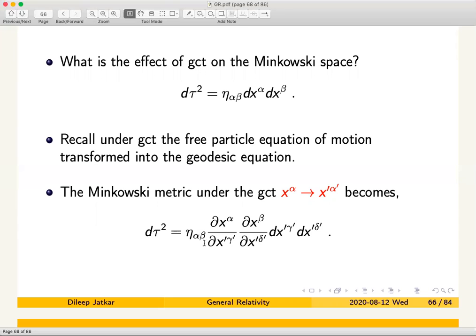If I do that, then it has a form similar to this, except eta alpha beta is replaced by some new metric. The form of this metric, of course, depends upon the kind of coordinate transformation that you are doing here. But nevertheless, the tensorial structure is clear. It would be written as an object which carries gamma prime delta prime indices.